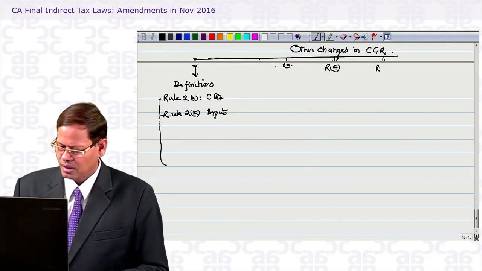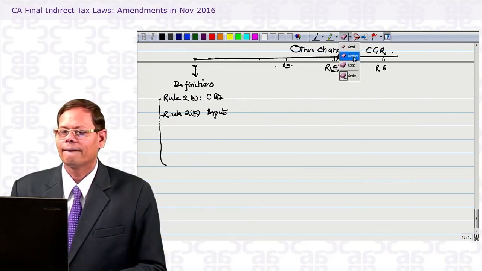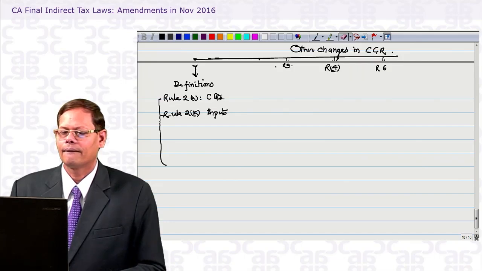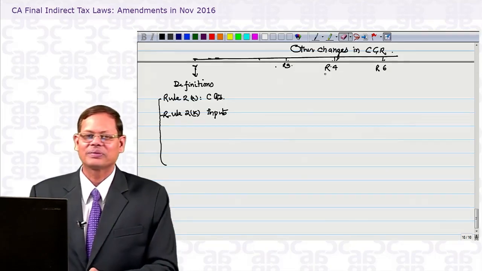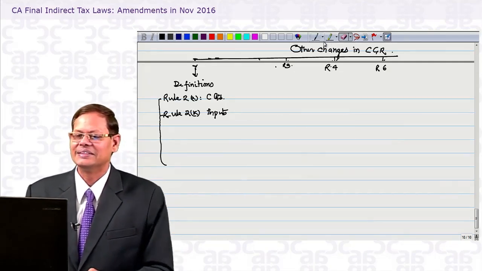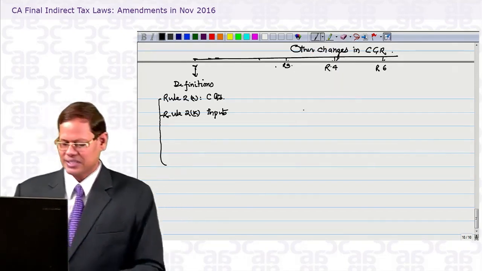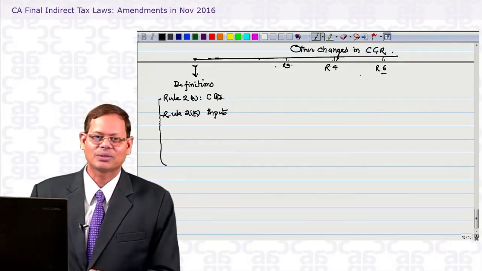Rule 6. Of course, obviously, Rule 6 always undergoes changes.